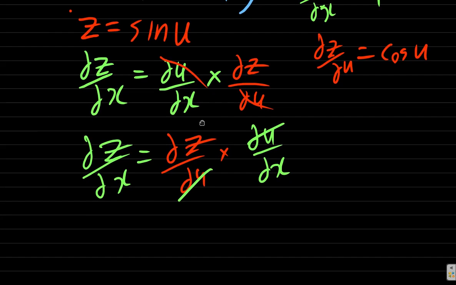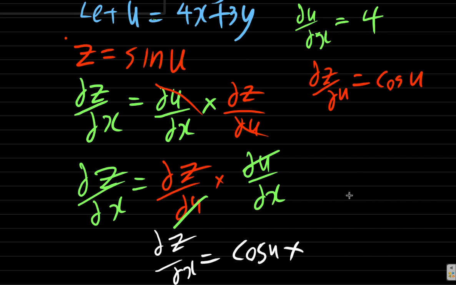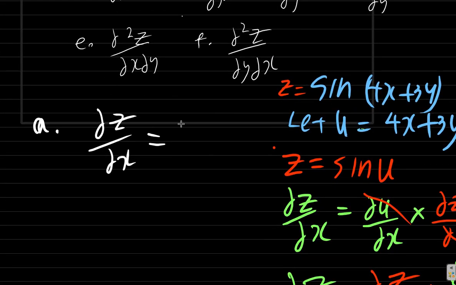So when you substitute them in, ∂z/∂x is equal to ∂z/∂u, which is cos u, times ∂u/∂x, which is 4. So it's 4 cos u.